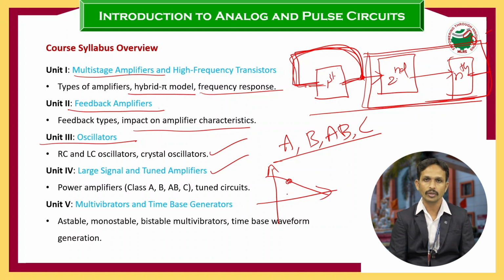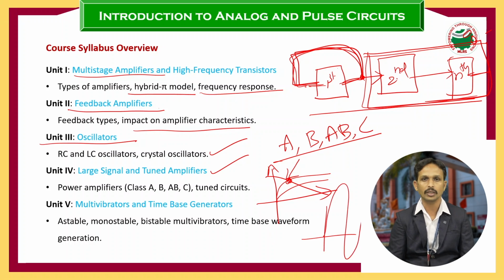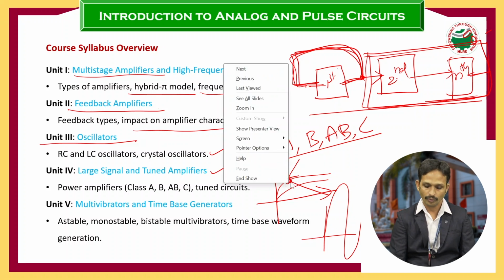When you are drawing the output characteristics for an amplifier, we consider the Q point. Based on these Q point positions, we can classify the amplifiers as A, B and C amplifiers. When we apply large amplitude signals to these amplifiers, the Q point positions change.